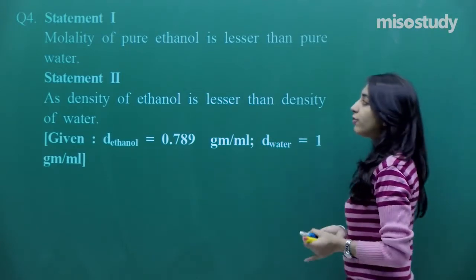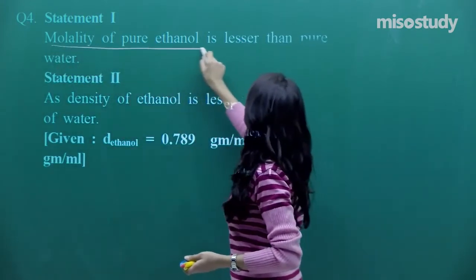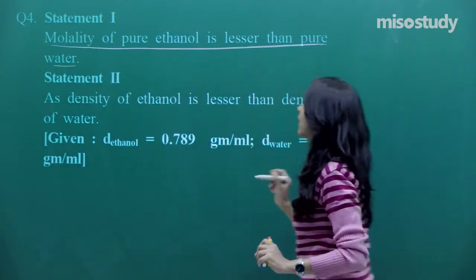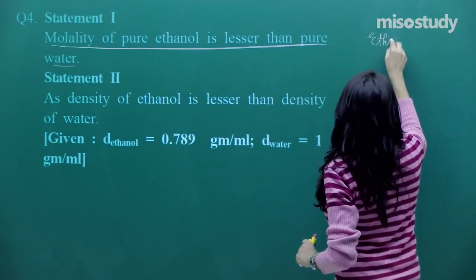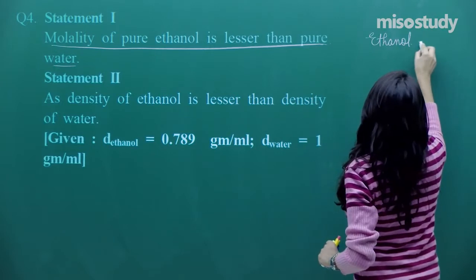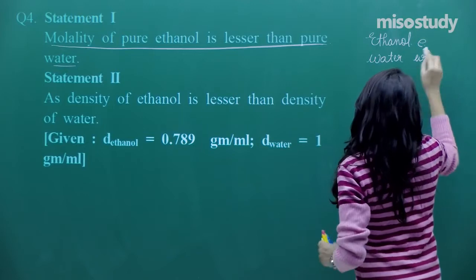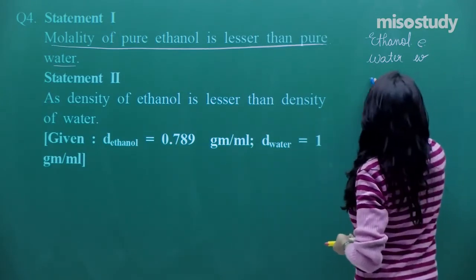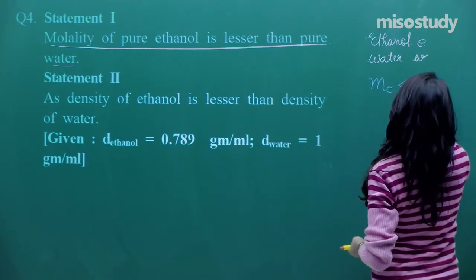So guys, the first statement is, molality of pure ethanol is lesser than that of pure water. Let me just write down. Ethanol, I will simply represent like E. Water, I will represent like W. So first of all, we need to prove whether the molality of ethanol is less than the molality of water.